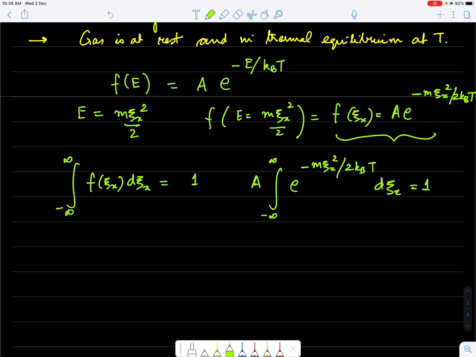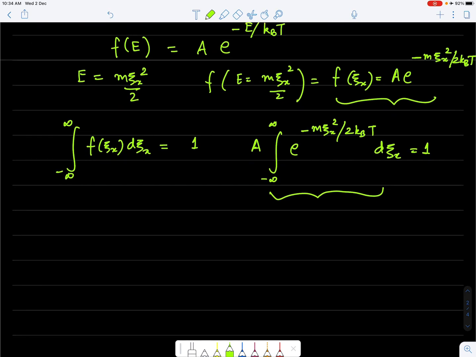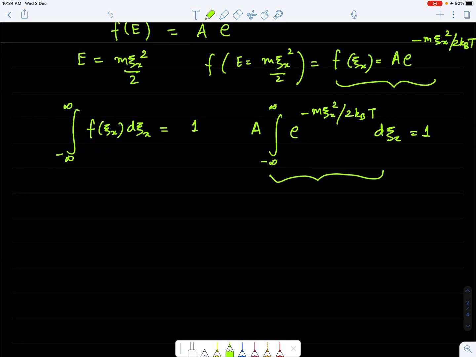This integral we have already seen in the early part of this lecture. If you simplify, using a transformation of variables, maybe taking beta to be the square root of m by 2 kBT, what you'll get is that A will come out to be the square root of m by 2 pi kBT.